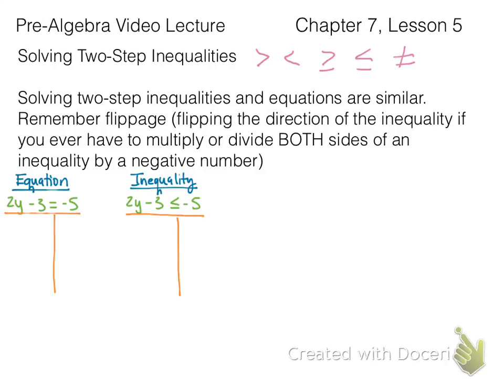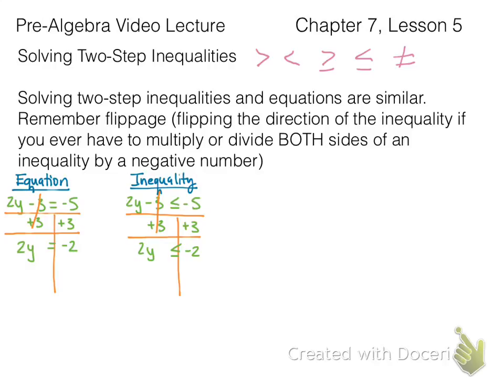All right, so I'm going to add 3 on both sides, and I'm doing it for the equation and the inequality. The -3 and +3 on the left in both annihilate each other. They're gone. And now I'm left with 2y equals -2 on the equation side, and 2y is less than or equal to -2 on the inequality side.